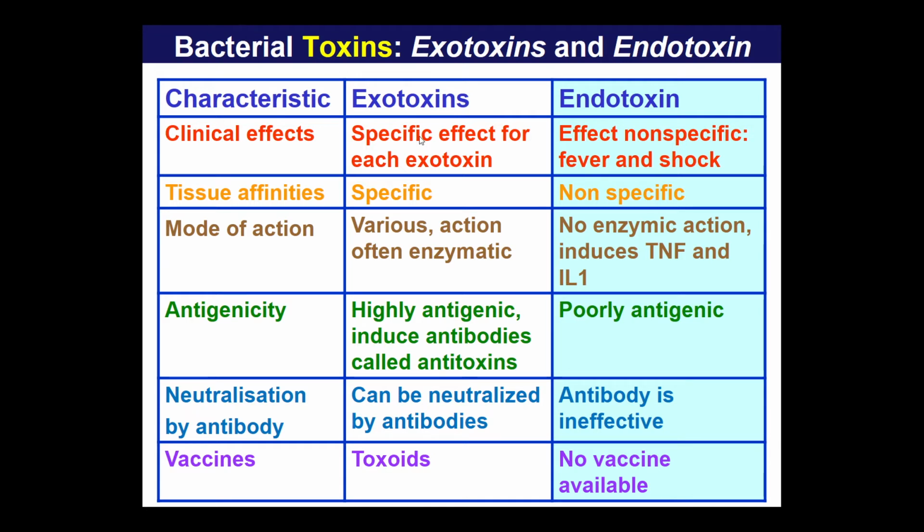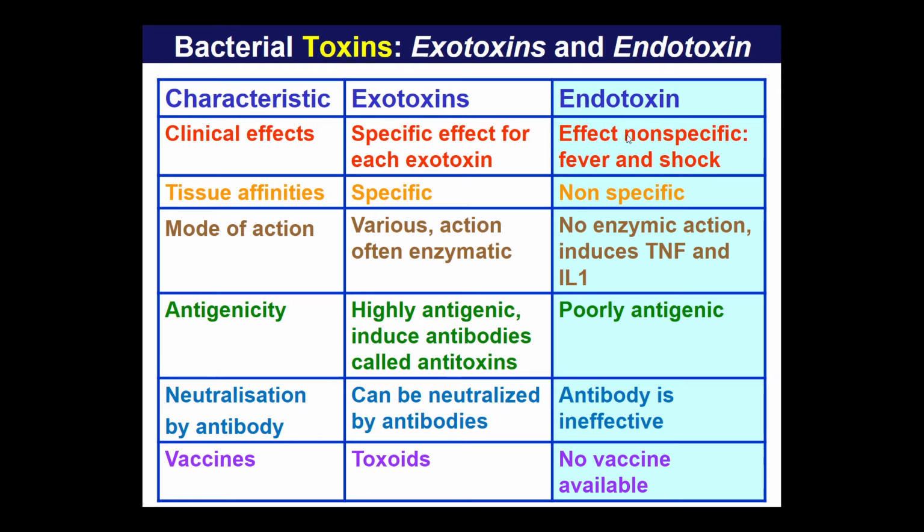Exotoxins are highly specific for each exotoxic disease. For example, Clostridium tetani produces a toxin named exotoxin tetanospasmin, that causes the spasm of muscles that cannot be relaxed after the spasm. In contrast, endotoxins are non-specific.